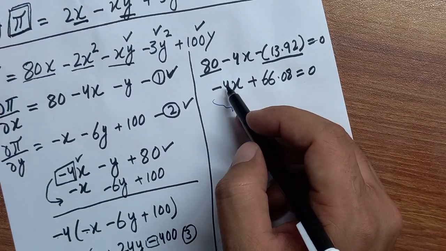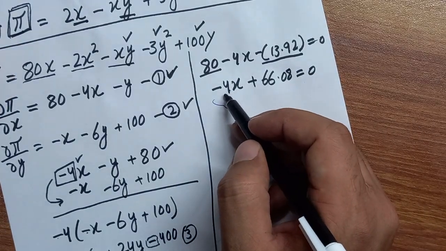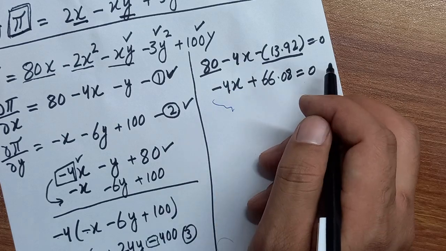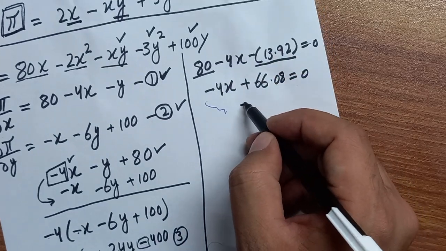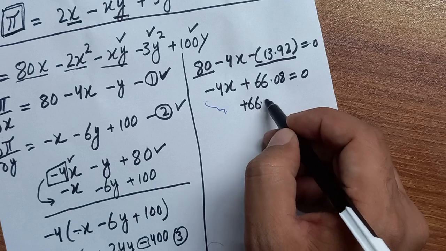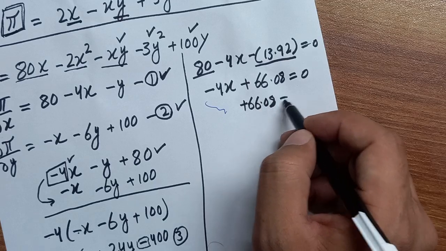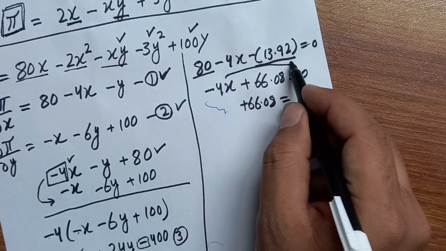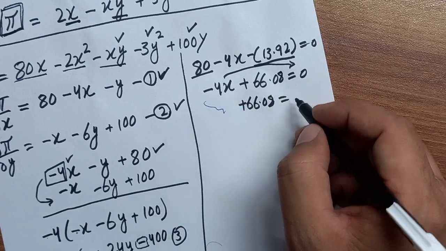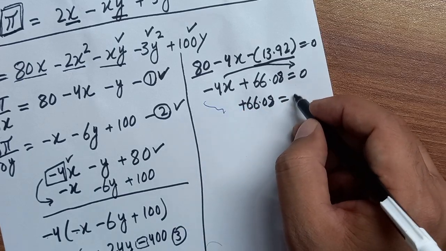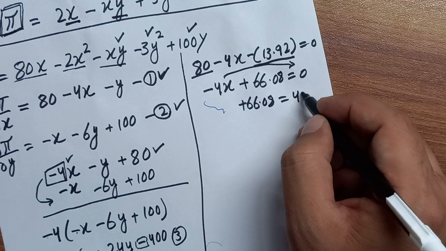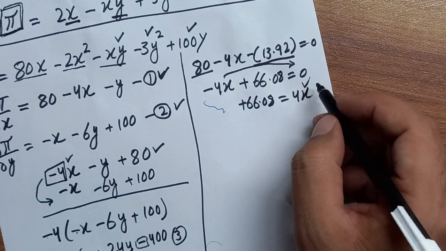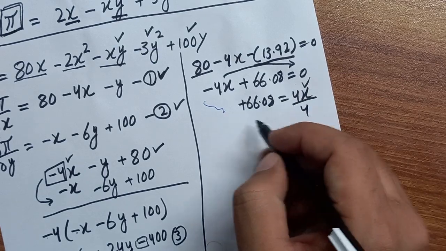Now I am going to transfer the minus variable to the other side. So plus 6.08 on this position and I will transfer this value to the other side. So it is minus 4, it will be equal to plus 4. So now it is 4x. We need only x, so divide by 4 on both sides.